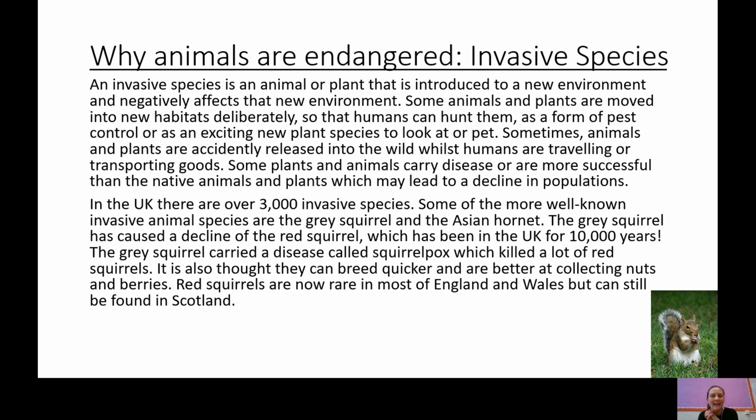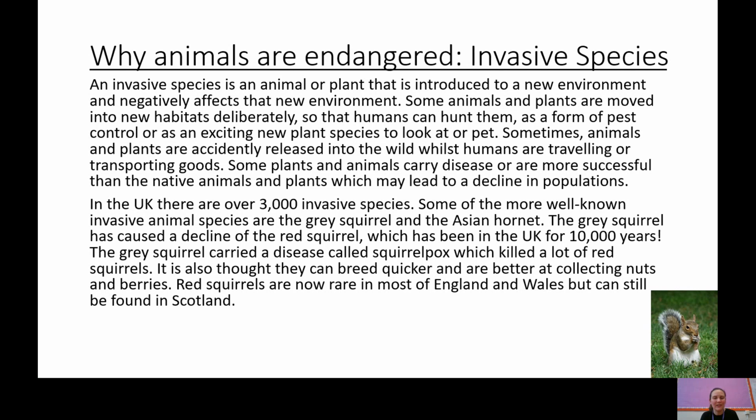So in the UK, there are over 3,000 invasive species. Some are more well-known invasive animal species, like the grey squirrel and the Asian hornet. And I've already discussed the grey squirrel, but I go on to discuss it here. So I've said the grey squirrel has caused a decline of the red squirrel, which had been in the UK for 10,000 years.